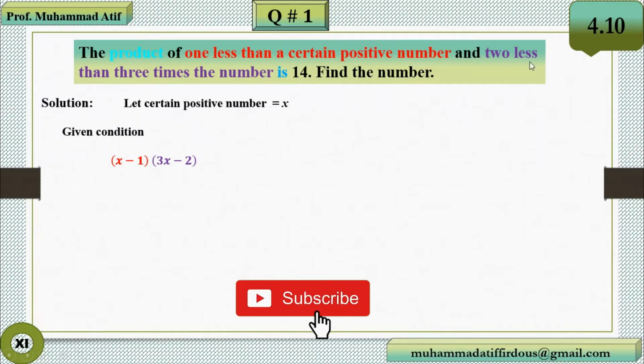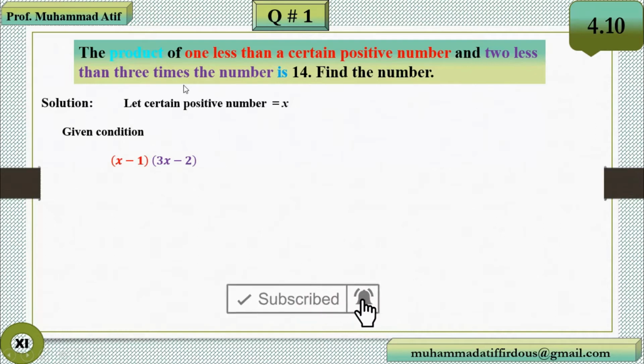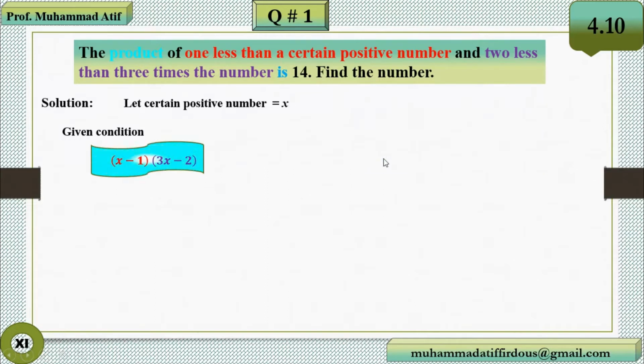So now, "is" means equal. In mathematics, "is" means the equal sign.